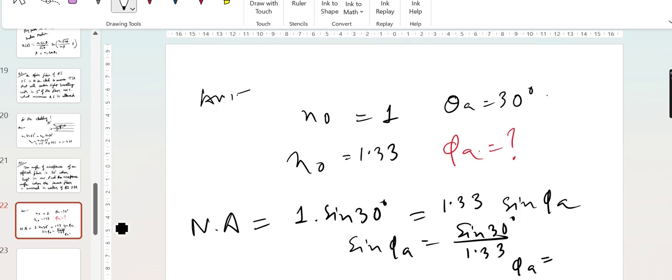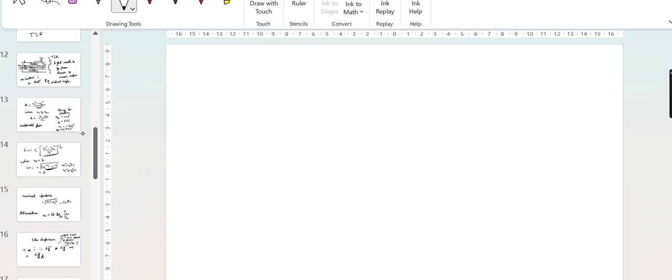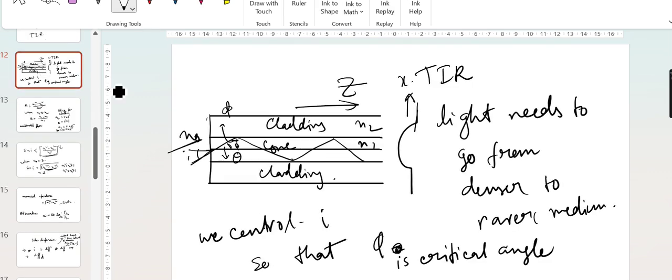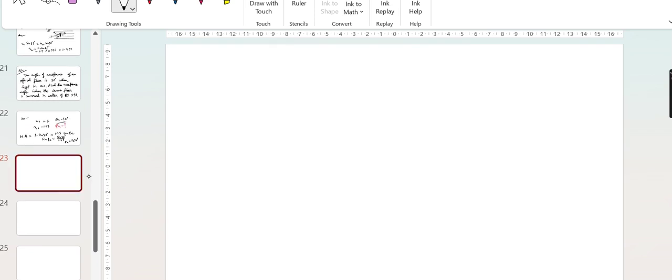So phi A would be 22 degree 4 minutes. So the acceptance angle got reduced when from the air we immersed in the water. So n naught changes from air to water.